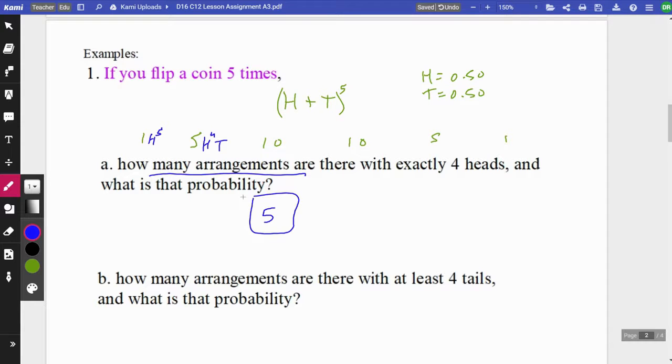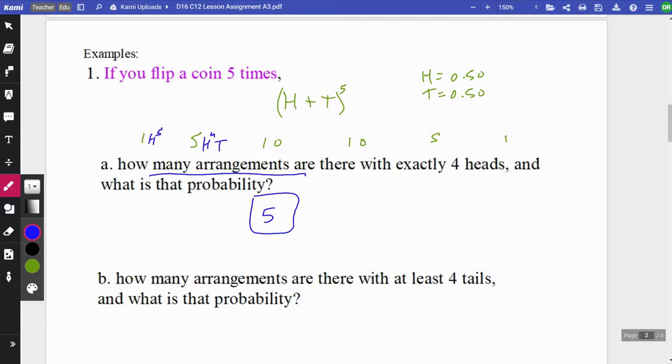And what is that probability? So I guess that's kind of asking us, what's the probability you get heads exactly 4 times if you flip it 5 times? And it shouldn't be that high. It's not talking about doing it all in a row, but you are getting a desired event that has an even probability 4 times.